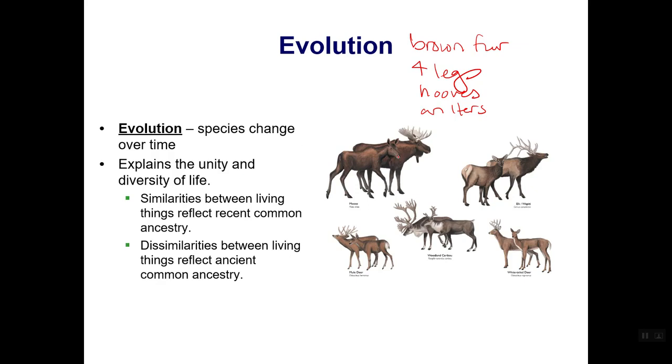So, for example, the moose here is much larger than the deer. In this species here, the female and males both have antlers, whereas in the other species, only the male has antlers. The pattern to the antlers changes.